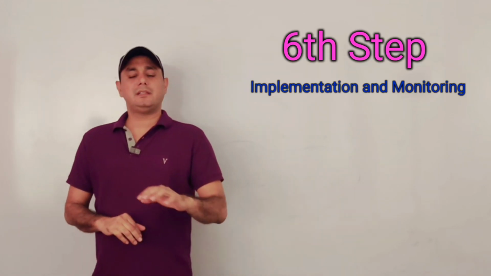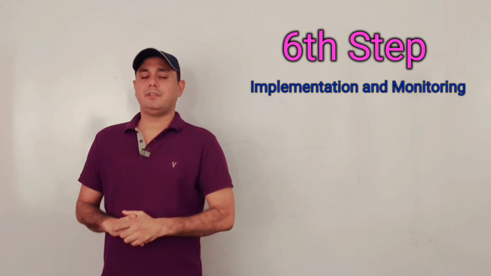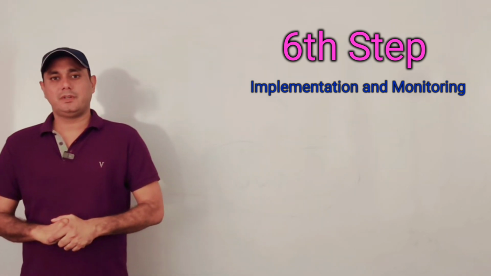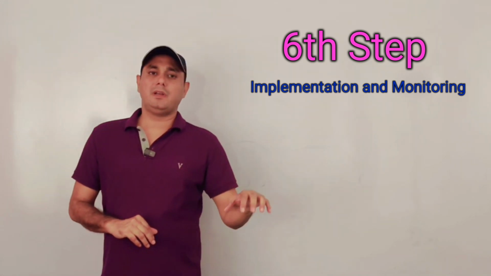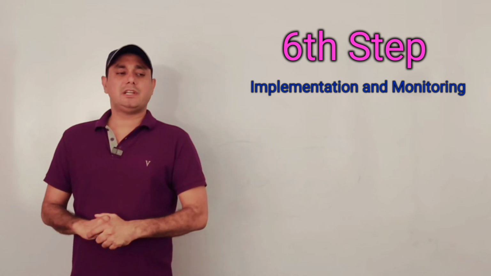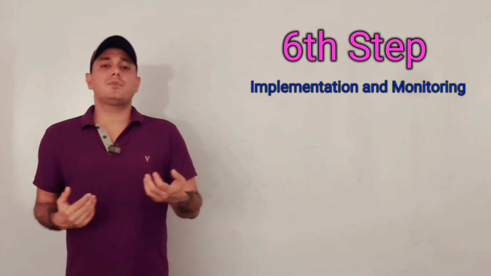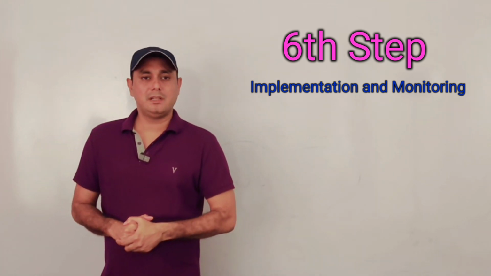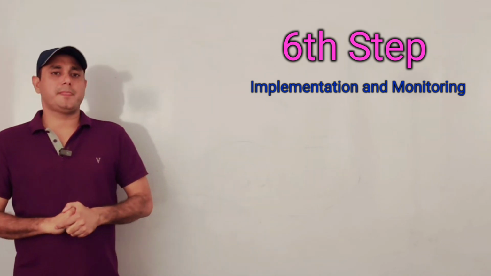You need to implement the plan, and you need to monitor the plan at certain intervals, whether we are going according to the plan or not, whether the plan is implemented properly. You need to check it. Each and every department has teams, and there may be some cross-functional team to implement the plan, like a project.